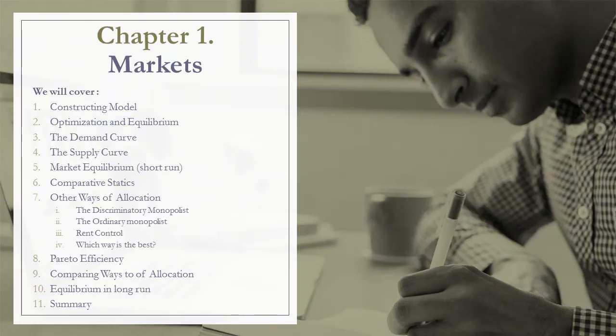So to begin with, I'll be starting with the first chapter, that is the market, wherein I'll be discussing first of all how to construct a model, then optimization and equilibrium concepts, then basics of demand and supply, then what is market equilibrium, then how we go about allocation of resources in economics, then specifically the kind of discrimination which is there in terms of allocation or pricing.